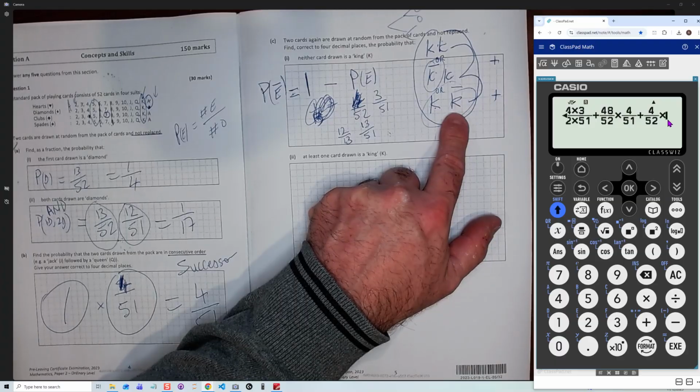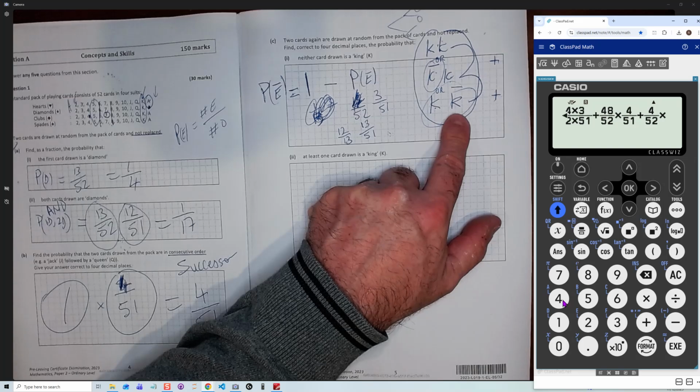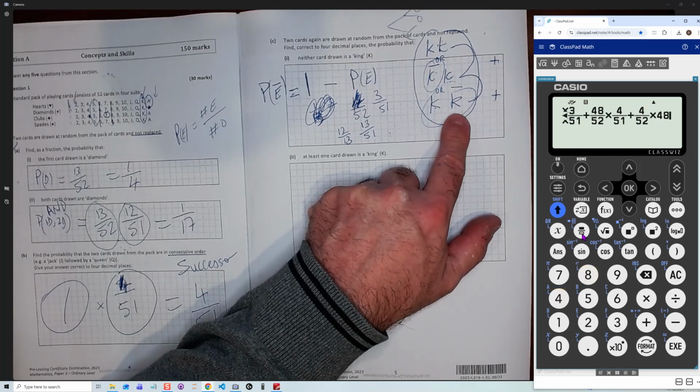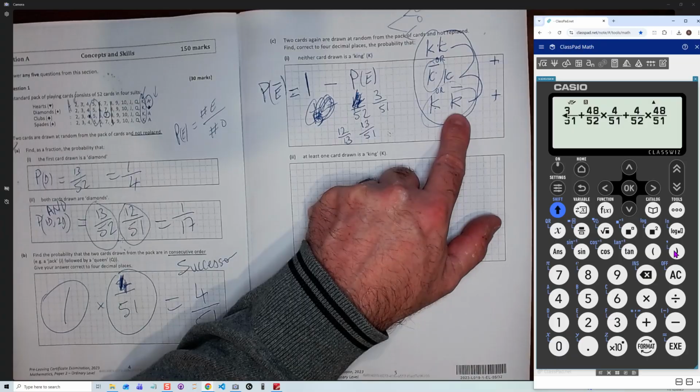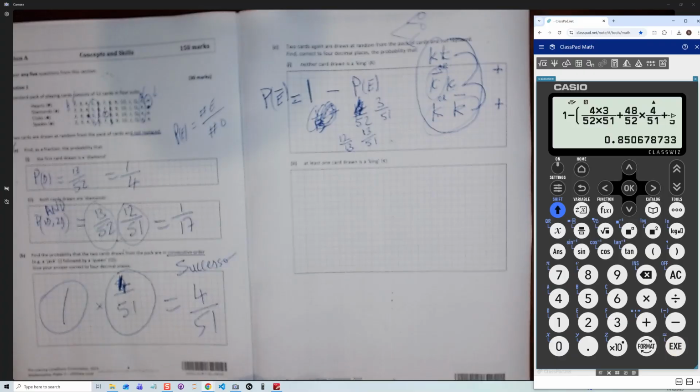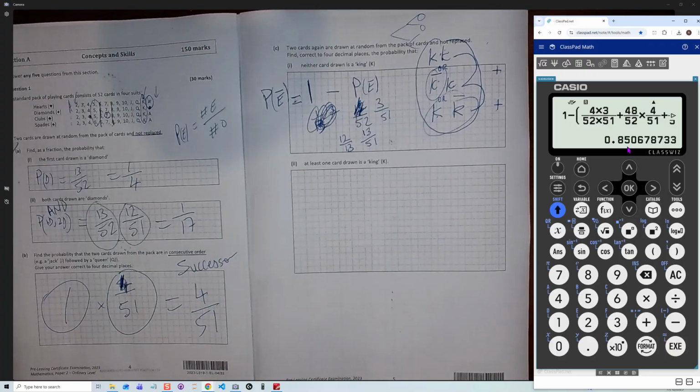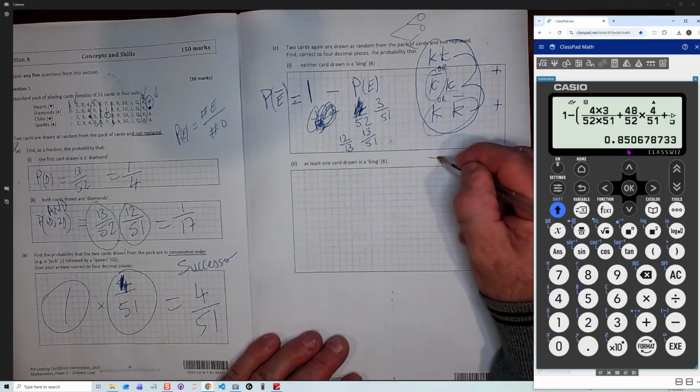Not king, 48, right? You didn't draw it. It's 48, I'm still there. 48 over 51. Come out, finish your bracket, and hit equals, or shift equals for decimal. Most important thing is it's below 1, and neither card drawn is a king, and we'll just go with that.